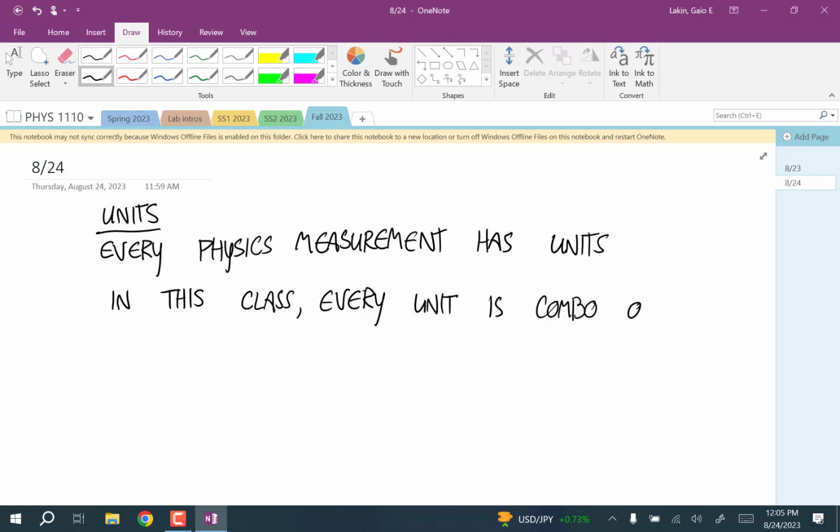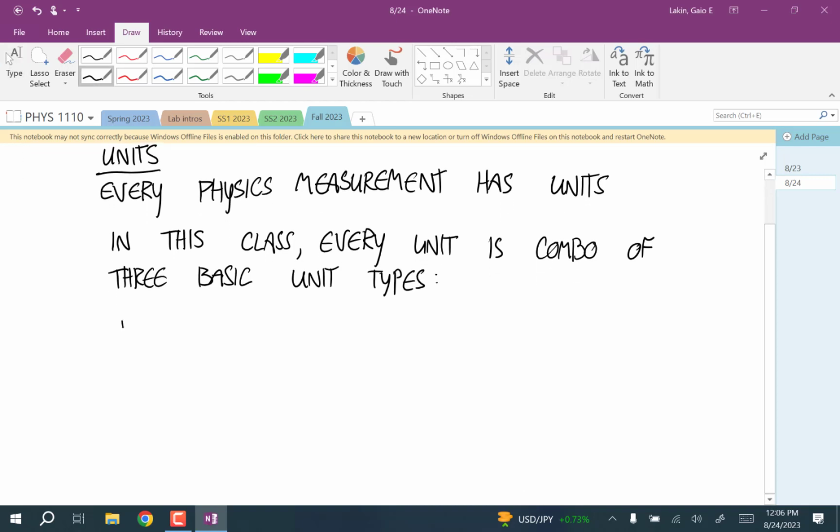Those are length, and length can be inches, feet, meters, miles, so on.